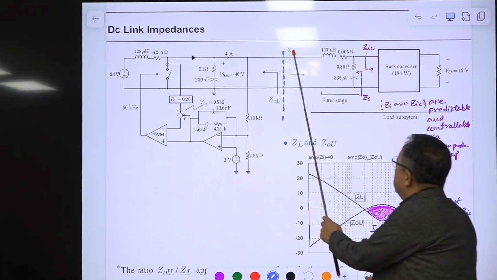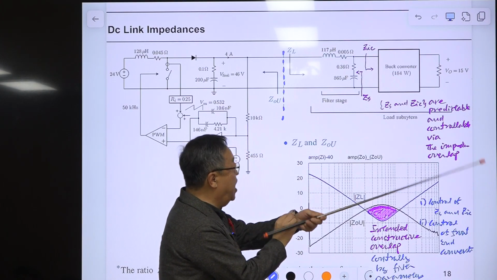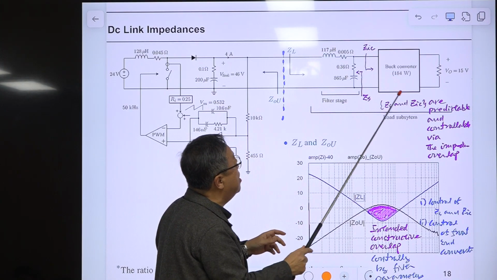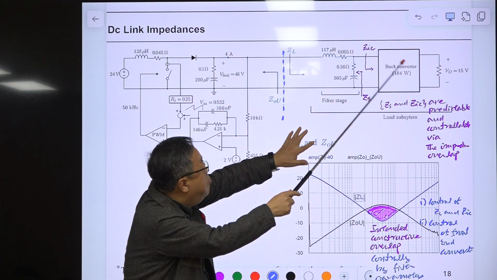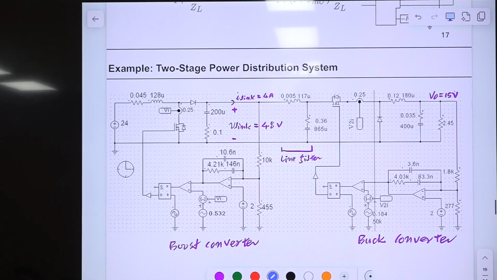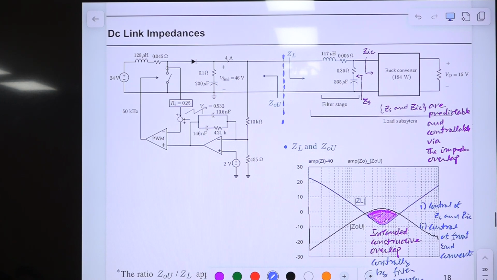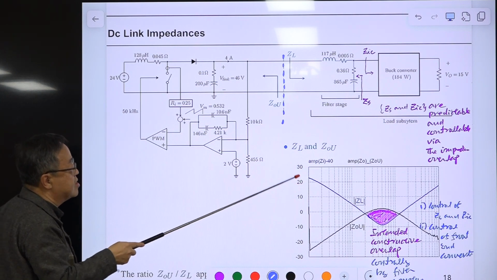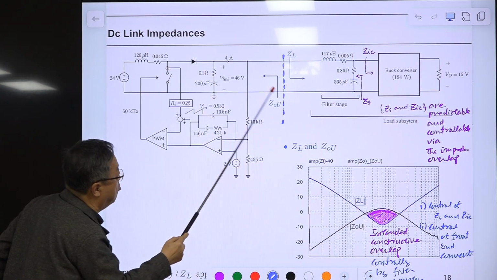Then I simulated the load impedance of this one, which is the combination of this filter stage and this downstream buck converter. The details of this converter are not shown here, but it has complete details like this, current mode controlled. And here this is the load impedance. Simulate here this one, and this is the output impedance here.